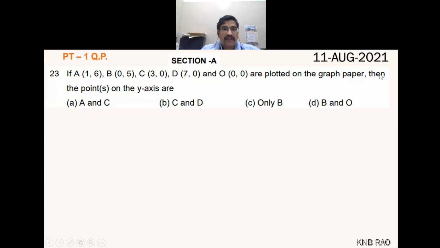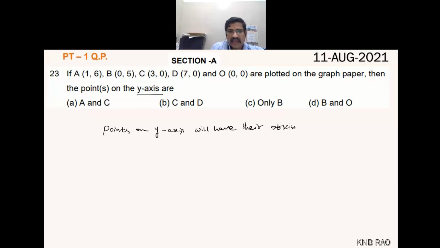If they are plotted, then the points on the y-axis, very simple children, the moment they say points on the y-axis will have their abscissa, abscissa as 0. Points on the y-axis will have their x coordinate as 0.